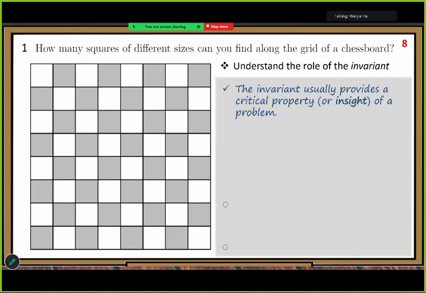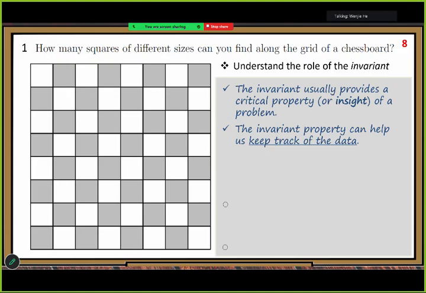All right, so understand the role of this invariant. What's the role? It usually provides a critical property inside of the problem. This property can help us keep track of the data, because sometimes it is not easy to control the data.